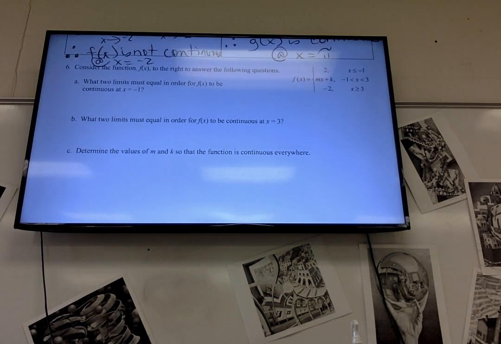Okay, number 6. Consider the function to the right to answer the following questions. We'll do it together. What 2 limits must equal in order for f of x to be continuous at x equals negative 1?